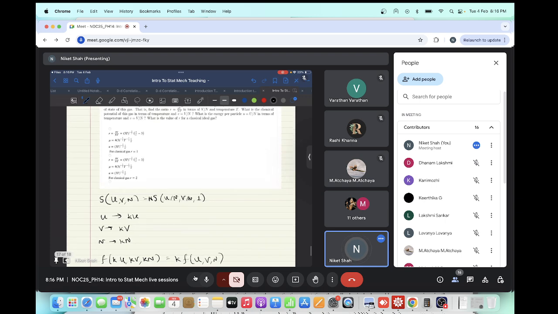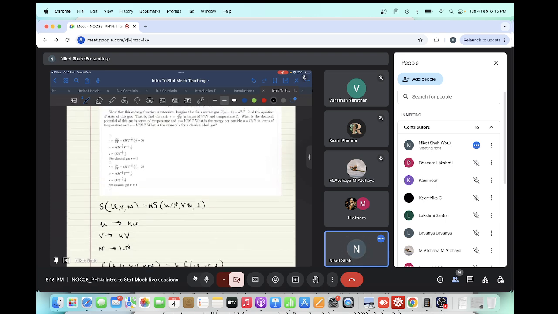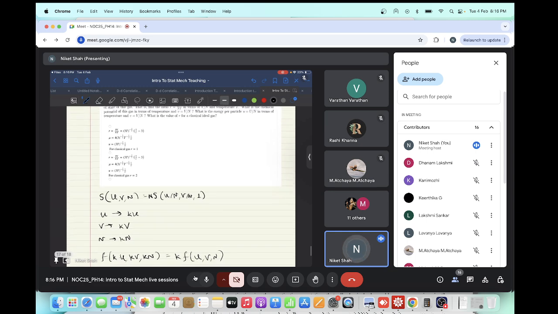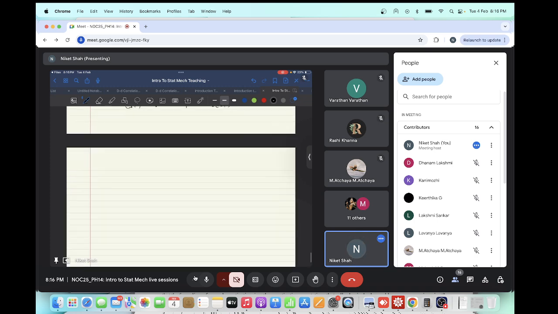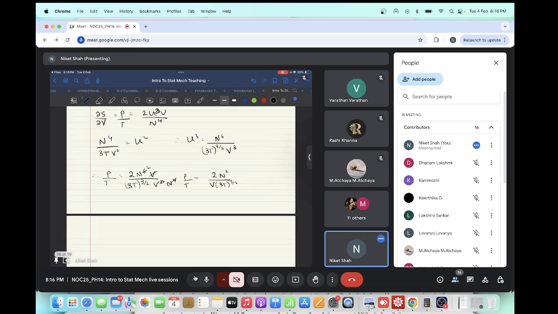What kind of expression is expected? PV by NT. We want PV upon NT. So PV divided by NT is equal to 2N.